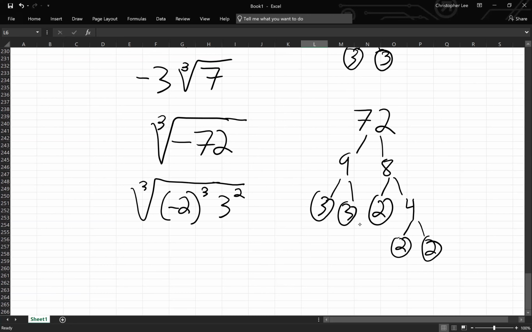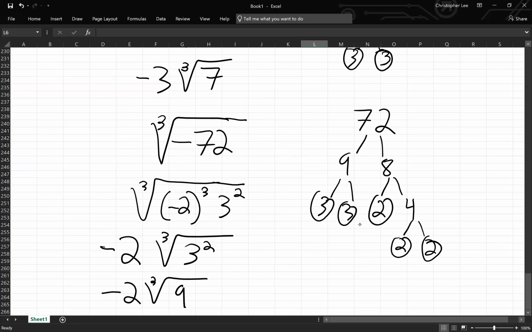And then the cube root of negative 2 cubed is going to come out. So this will be negative 2 cube root of 3 squared, or negative 2 cube root of 9. That's it.